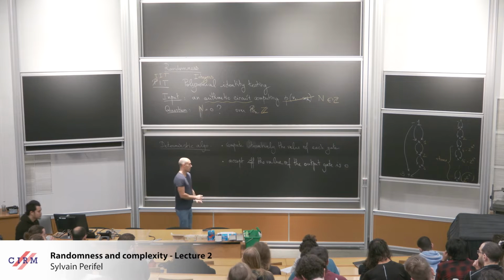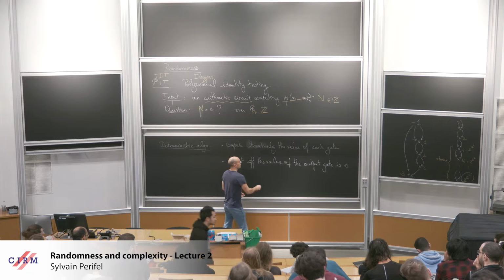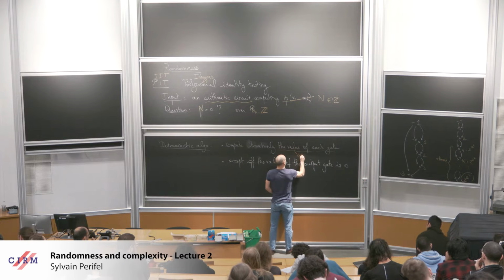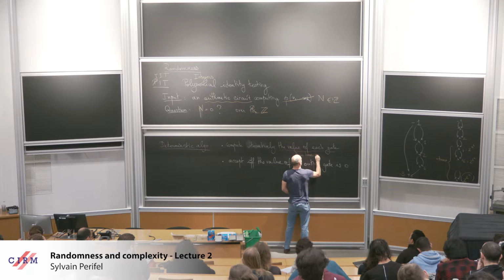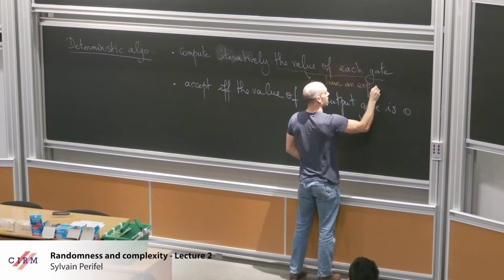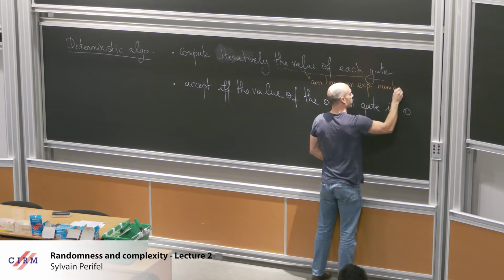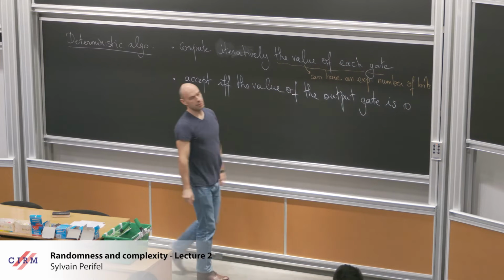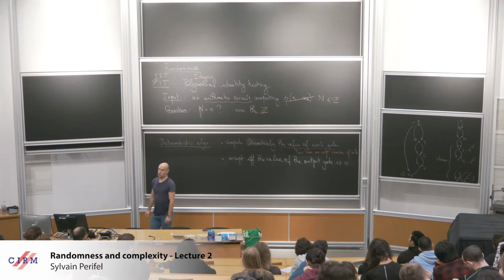So actually here, the value of each gate can have an exponential number of bits. So this very simple algorithm actually is exponential.